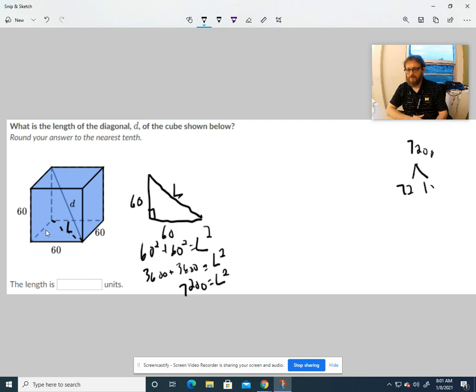So 72 times 100, that's 8 times 9. That's 10 times 10. 8 is 2 times 4, the 2's prime. 9 is 3 times 3, and they're both prime. And both the 10's, pardon me for my sloppiness, are 2 times 5, and those are all prime.